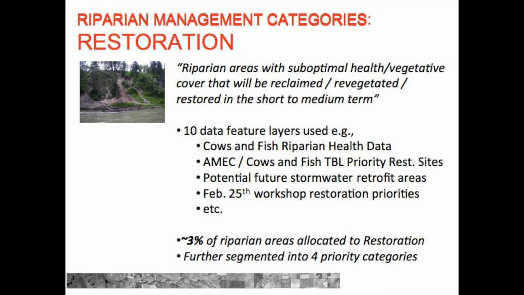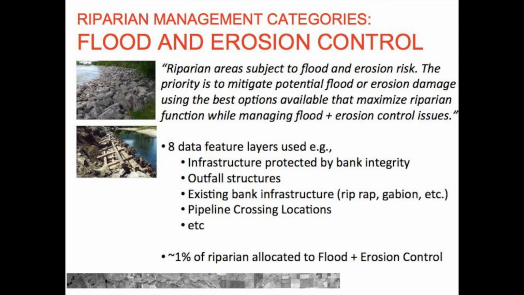And the February 25th workshop restoration priorities. Spatially, about 3% of all riparian areas in the city were allocated to this restoration class, and then we also further segmented those into 4 priority categories. Of course, as I said, we submitted this the morning of the flood, so they had to add some additional sites to that after the flood.